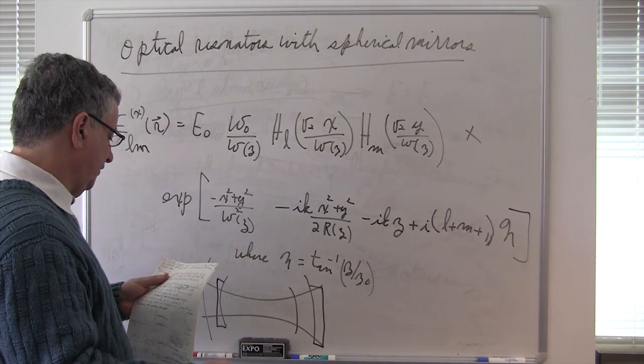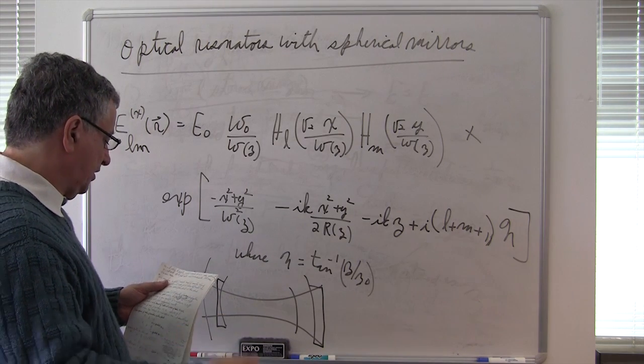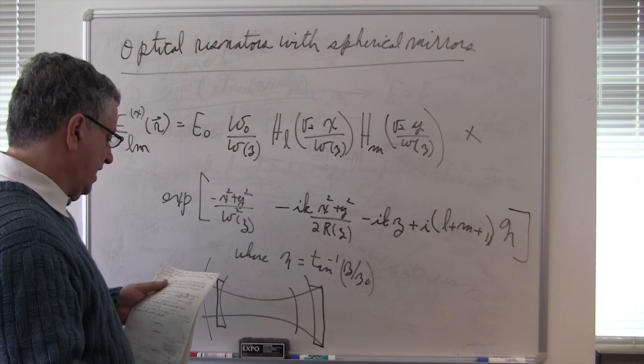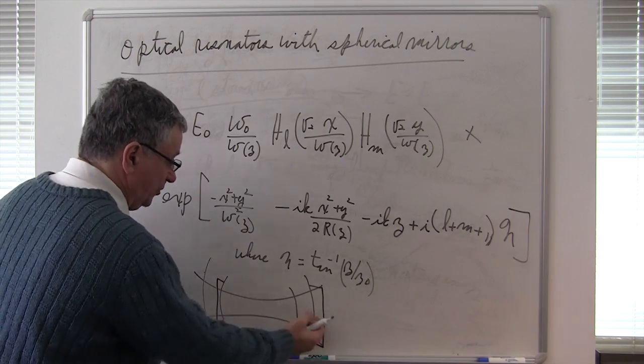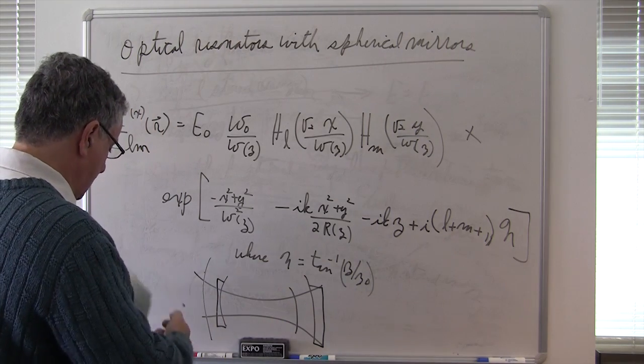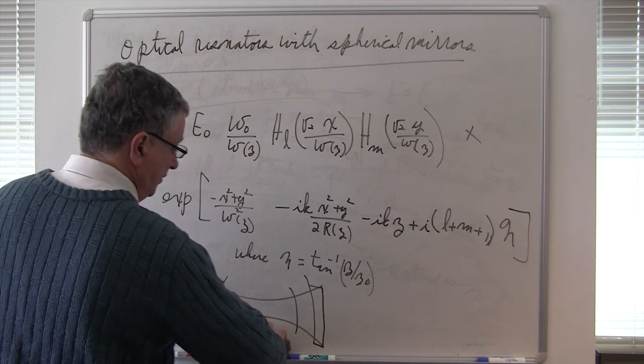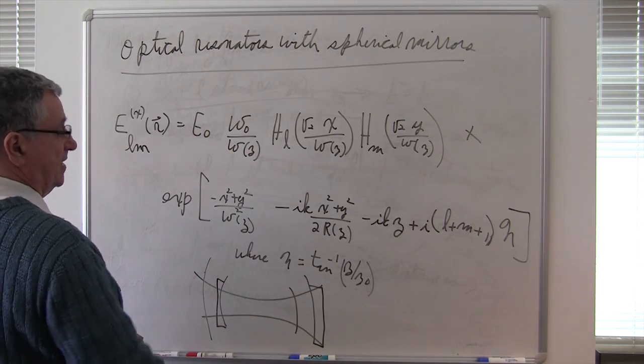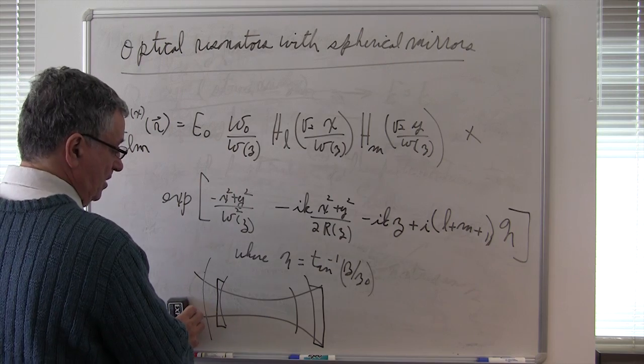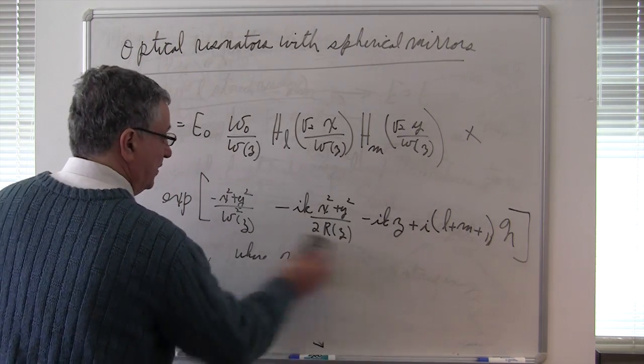So the solution for the optical field inside the resonator are still those of the propagating Gaussian beam, if we do that. Okay, so having drawn this and having written this expression, now I have to make some room. I'm going to erase this.